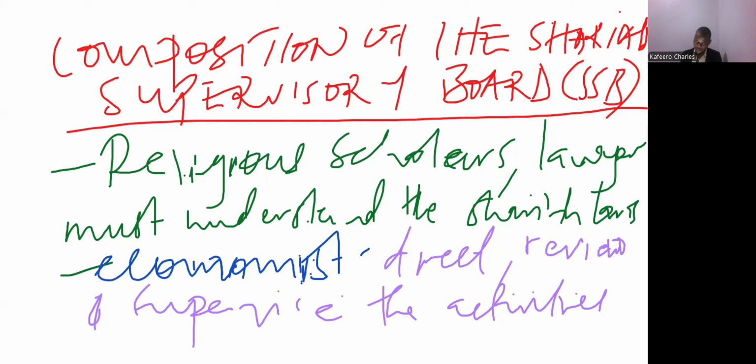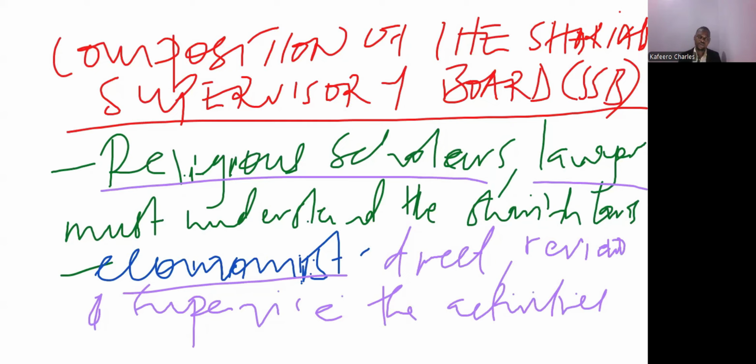So these are some of the people: the religious scholars, the lawyers. Of course, we can have accountants, auditors, economists, and others. But the religious scholars are the ones that are very important, because they will be the ones to do more of the interpretation. But even the lawyers themselves must also be equipped with an understanding of the Islamic principles and Sharia laws.